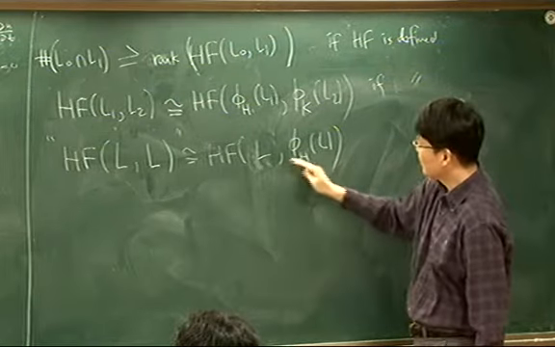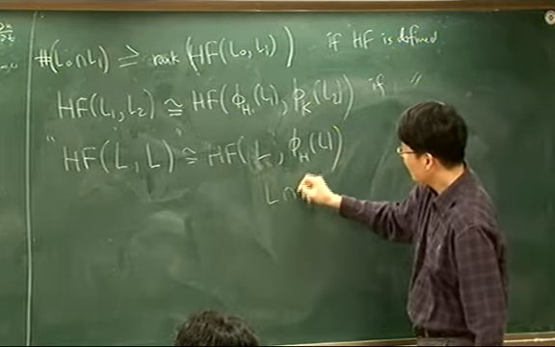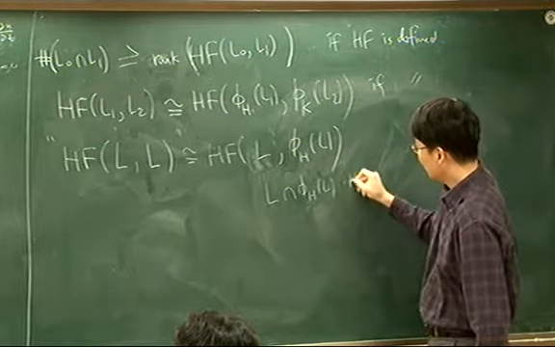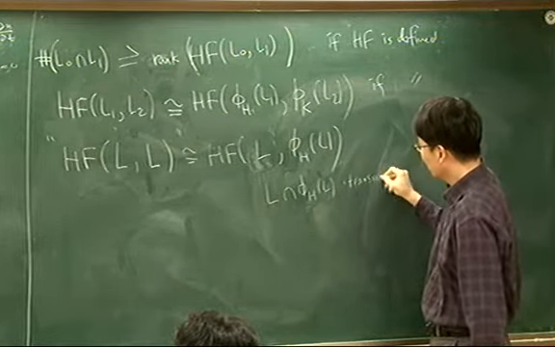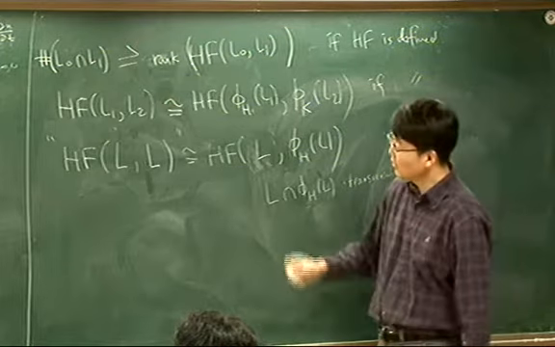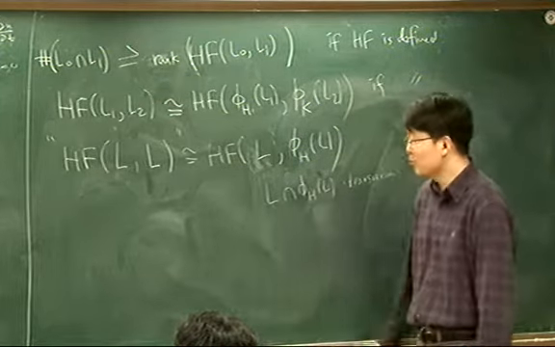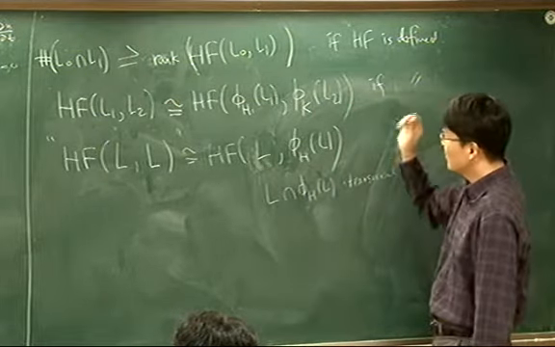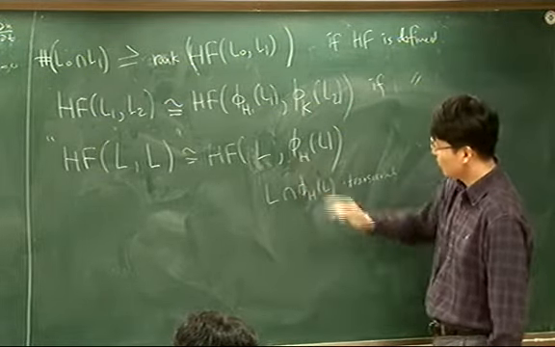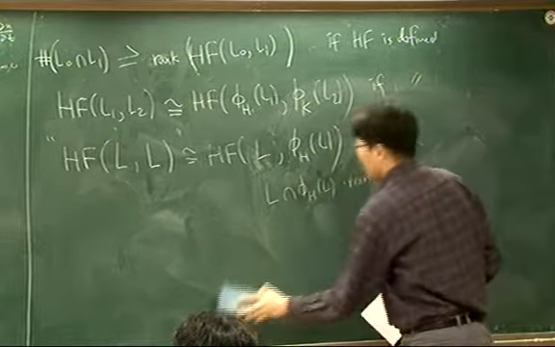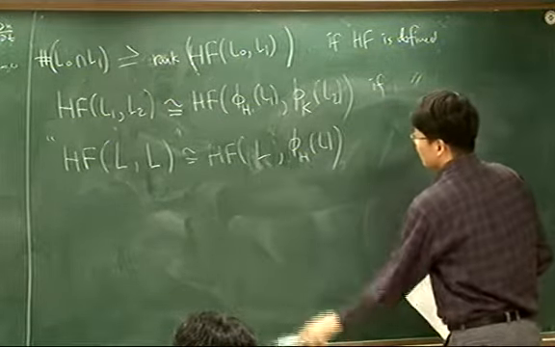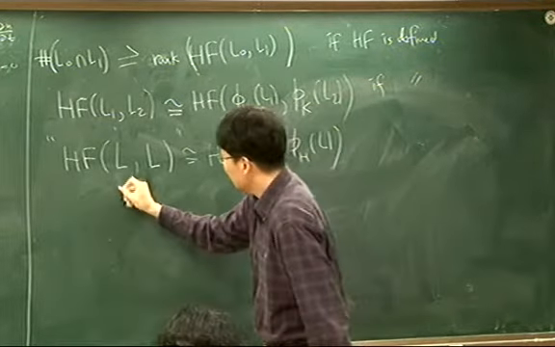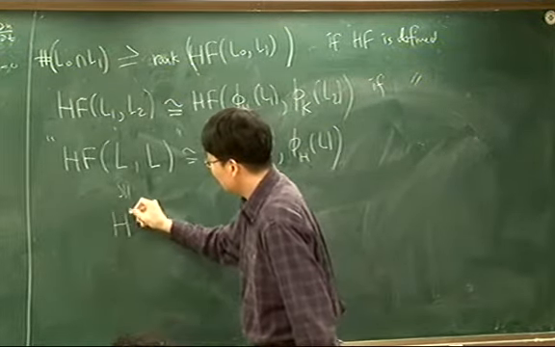So this is well defined because L intersection pH of L is transversal. One can talk about this because this side is always well defined and invariant on the choice of pH. And then one might expect this may be equal to homology of L.